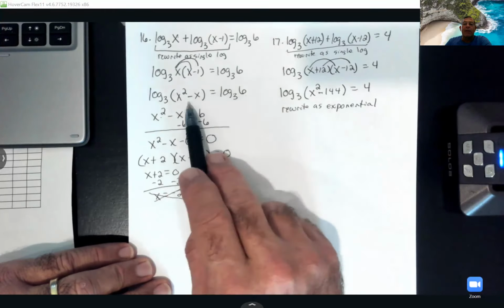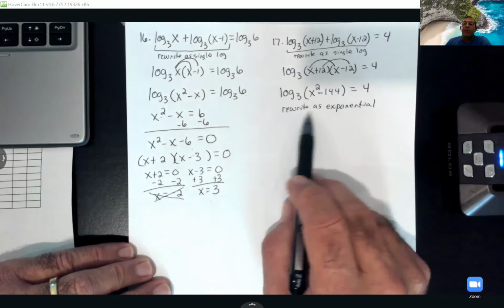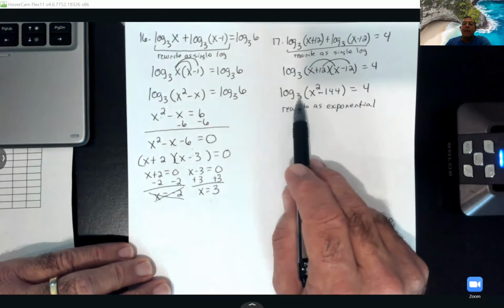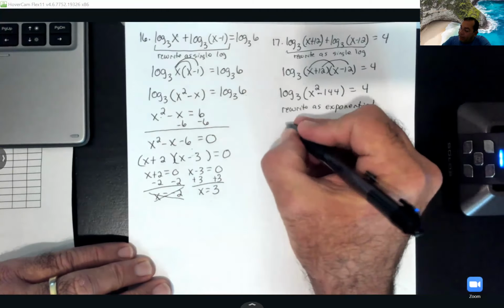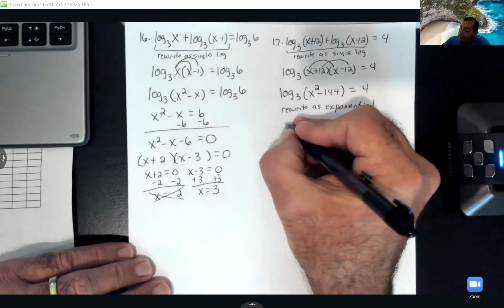Or if you got a log just on one side, you got no choice but to rewrite it as exponential. So I got a base of 3 raised to the 4th. That's going to equal that x squared minus 144.